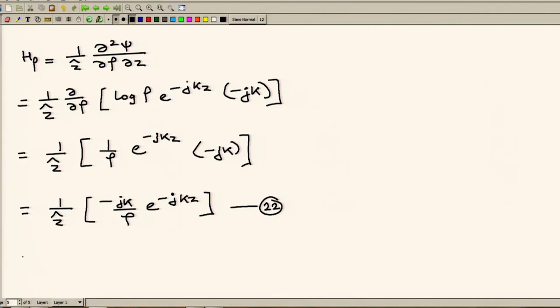Then we will find out H phi. So, H phi is 1 upon Z cap 1 upon rho del square xi upon del phi del z.